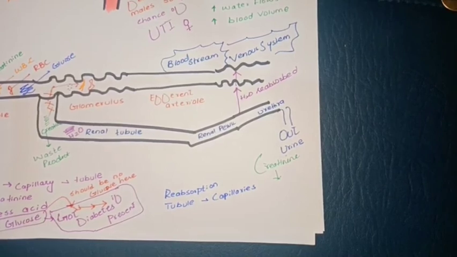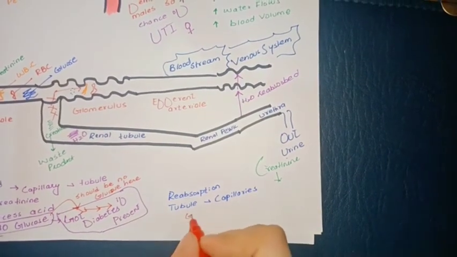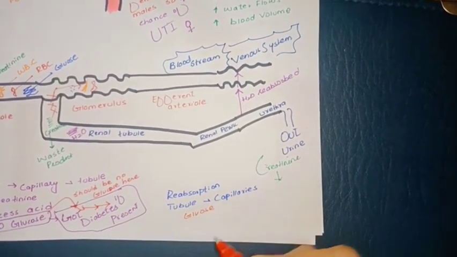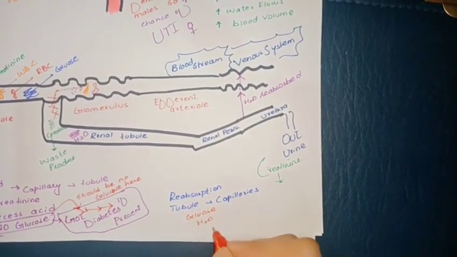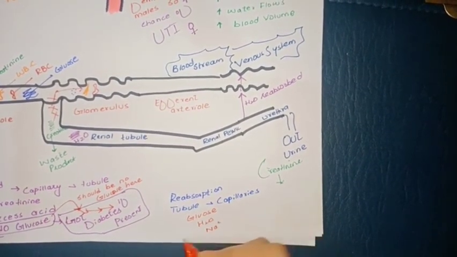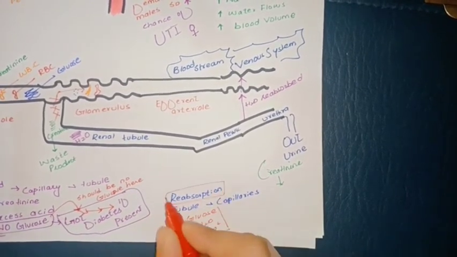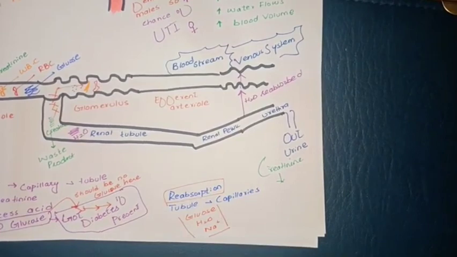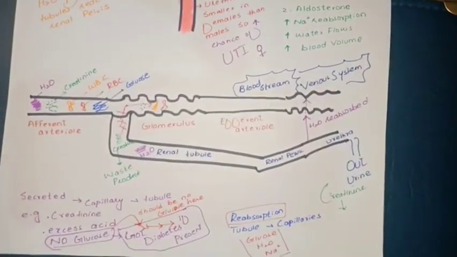Here comes the glucose. Glucose should never be in the urine, because it is reabsorbed back to the blood. Water and sodium reabsorption also occurs. The reabsorption of glucose, water and oxygen, and the secreted compounds, the creatinine and the excess acid, are excreted out.